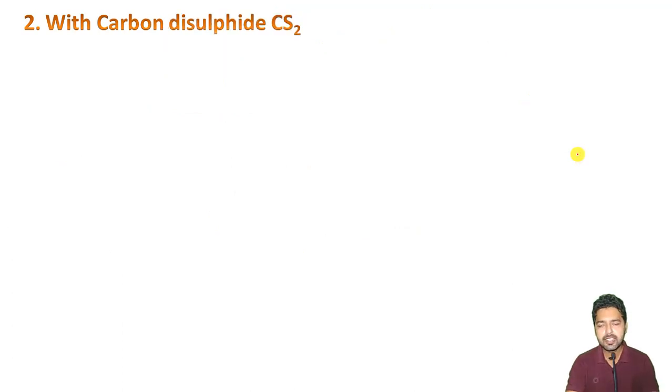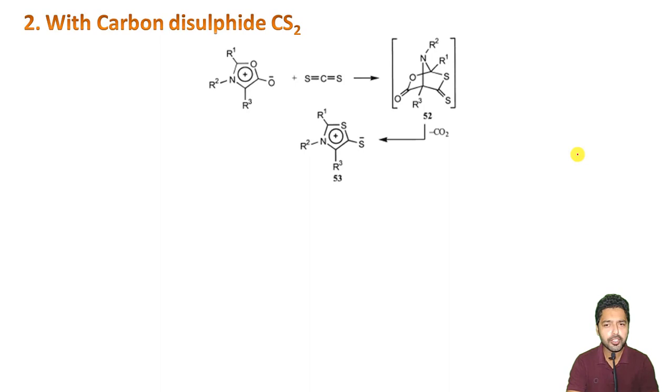And here is the last reaction, and that is with the carbon disulfide molecule. You can see here reaction with this carbon disulfide is giving, first of all, the usual cyclic adduct because it is a cyclic type of addition reaction, and removal of a molecule of carbon dioxide from there is giving this as the sole product of this reaction, right?